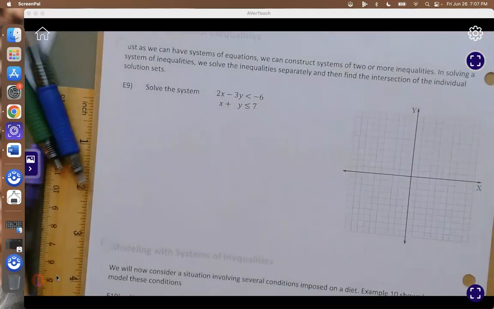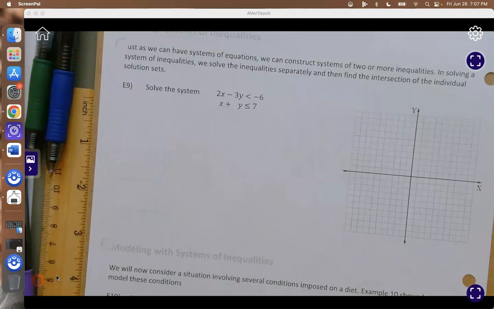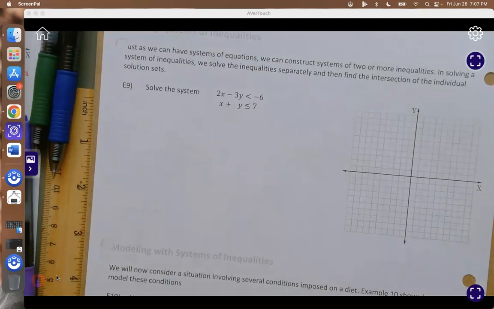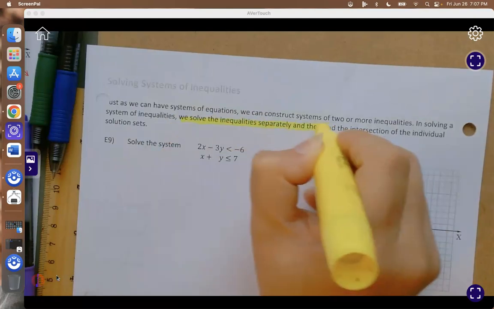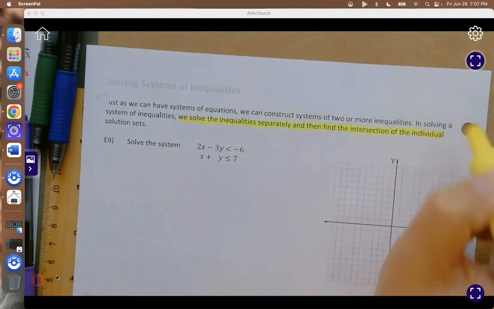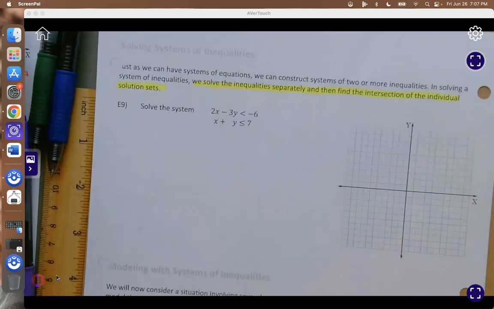Now, to do systems of inequalities, you're just going to graph both lines, shade them, and where they overlap, that is our solution. So we solve the inequalities separately, and find the intersection of the individual solution sets. Okay.